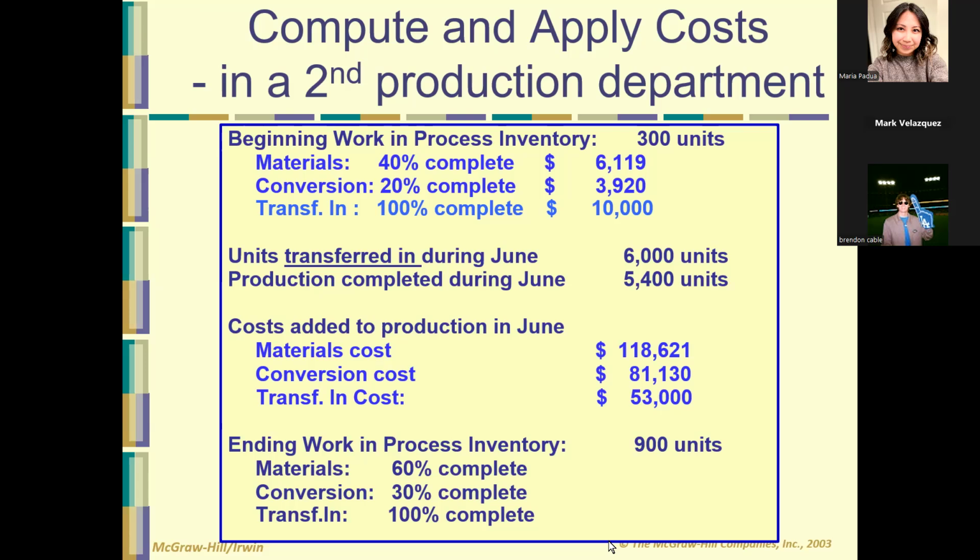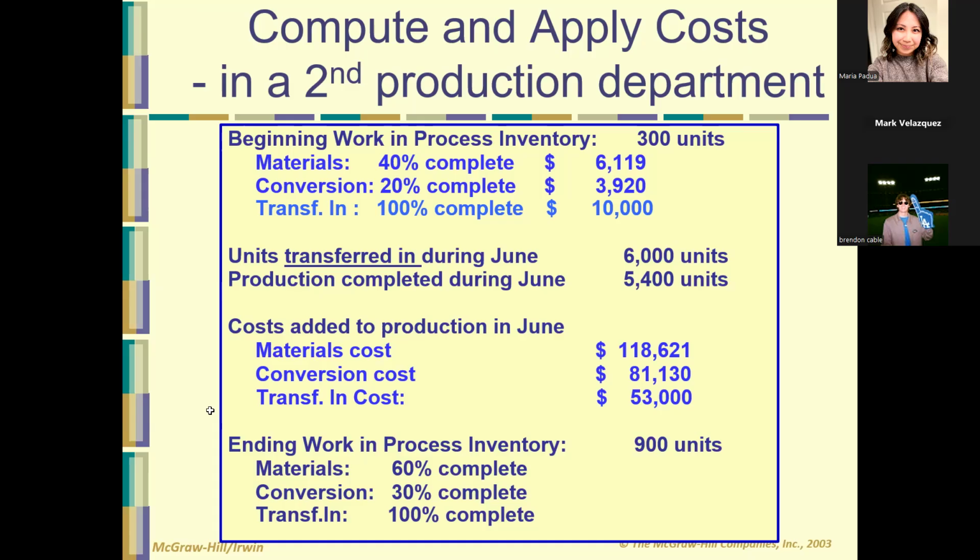Cost per equivalent unit. Let me share something. I'm going to email this over to you shortly. I offer this as an easier way to try to understand what we're doing. We have a beginning inventory.